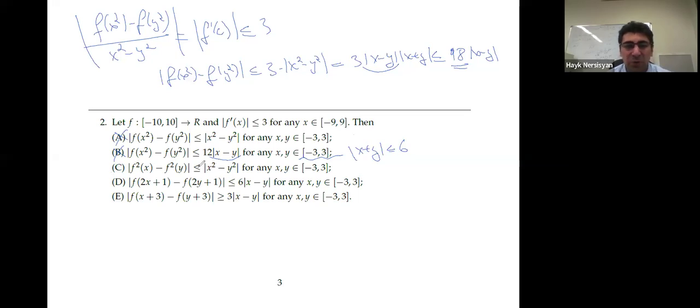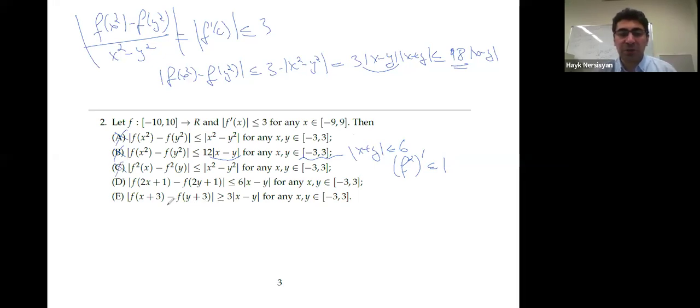We will come back to C. C is true if and only if the derivative of f squared is bounded by 1. Is it smaller than 1? No, it's 2 times f times f prime, not enough information about this. Most probably this is wrong.